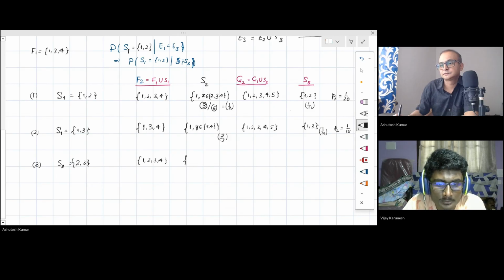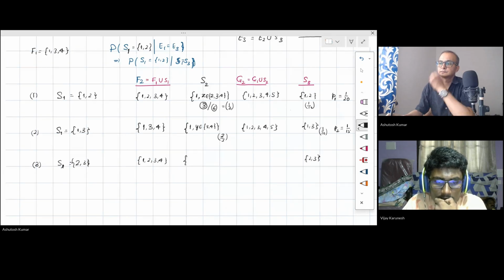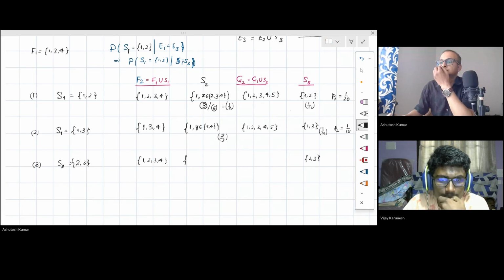Now, for 1, 2, 3, 4, what do you get here? S3 should be 2, 3. And by the way, here I have 2, 3, correct? Yes, sir. Now here there is a problem. Why is the problem? Because this needs 2, 3, and both S2 and S1 have to come. So there are two cases.